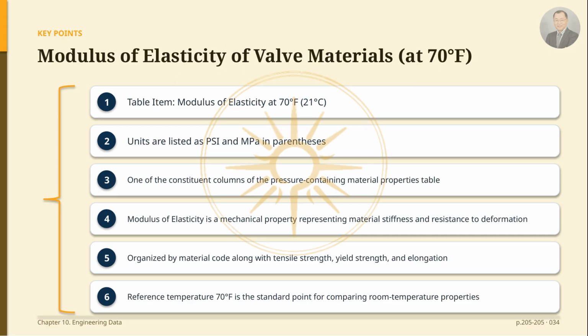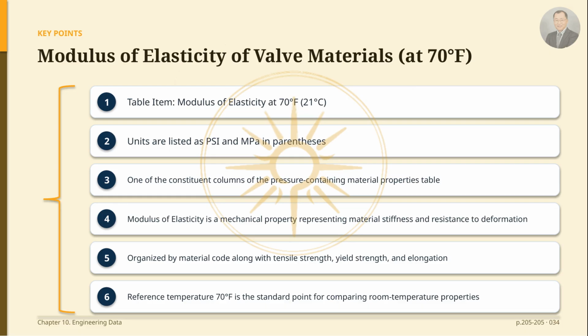I would like to introduce the modulus of elasticity, which is one of the items in the valve material properties table. This value is measured based on 70 degrees Fahrenheit, or 21 degrees Celsius, and is expressed in psi with the MPa value provided in parentheses. The modulus of elasticity is a measure of stiffness, indicating how well a material resists deformation when subjected to a load.